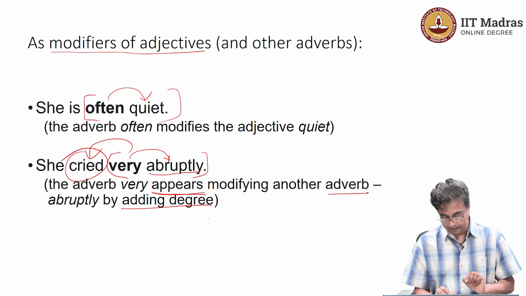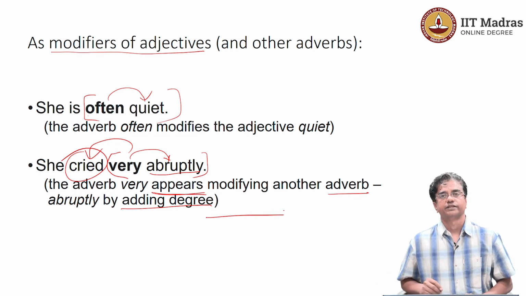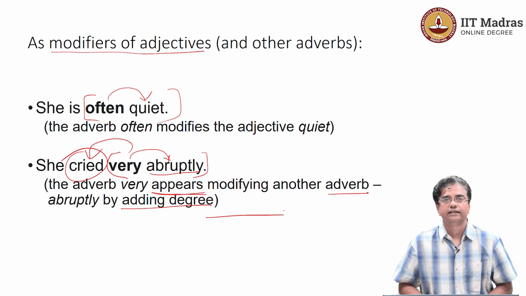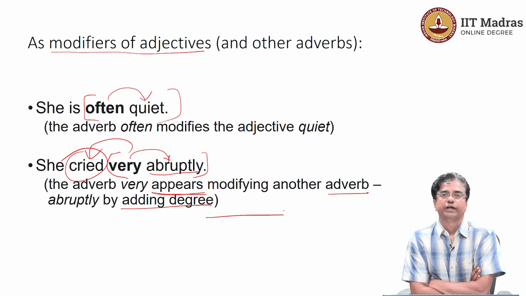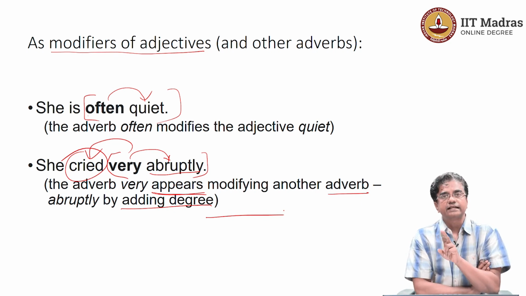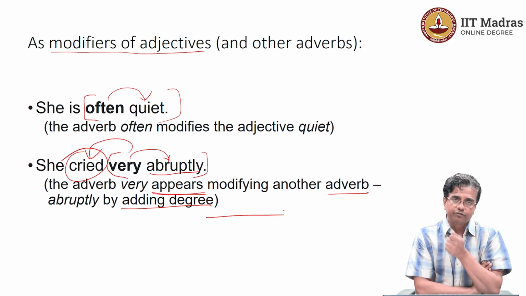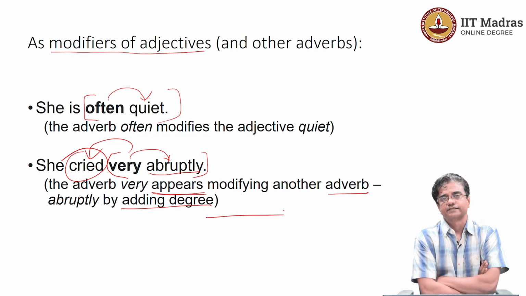We want to stop here by making a simple point. Adverbs have a very clear function of modifying verb phrases by being adjoined to them. Verb phrases are connected with subjects in a sentence in a different way, and adverbs are adjoined to the verb phrases for additional information and descriptions.